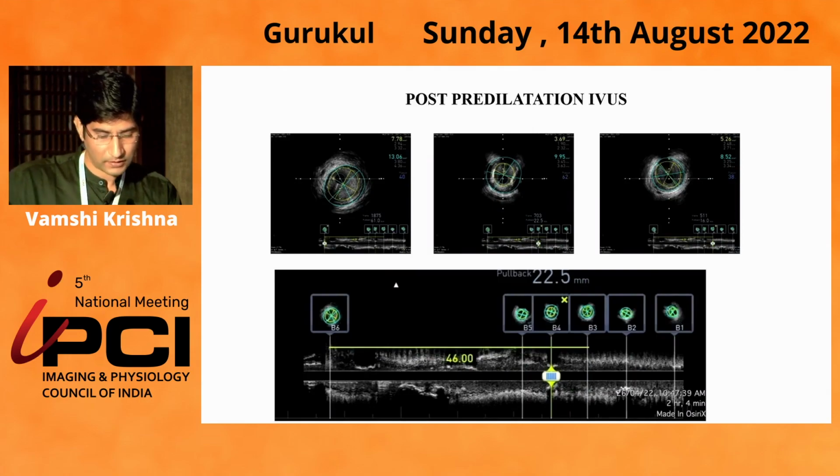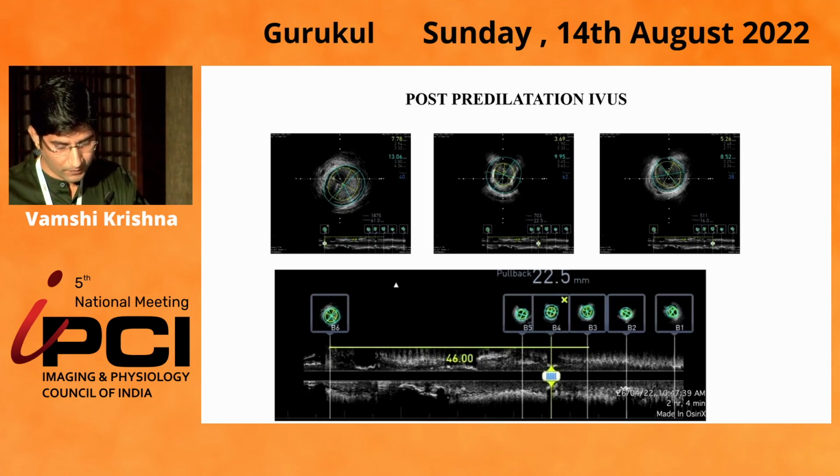After wire passing through the total occlusion and pre-dilatation, we did IVUS showing areas at B6, with lumen diameters of around 2.96 and 3.3. At B4, the lumen areas were around 1.9 and 2.3, and 3.4 and 3.6 for EEM, with around 62% plaque content.